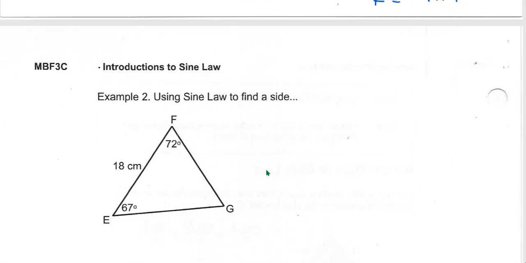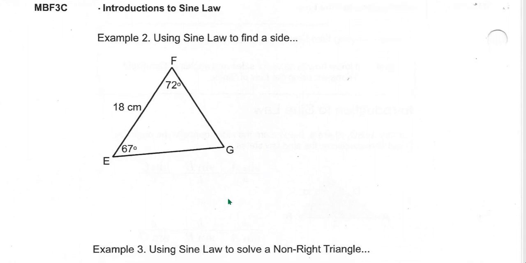All right, so let's do another example where we want to find a missing side. So example 2, using the sine law to find a missing side. So let's say the missing side that I want is this one. Let's say I want to find little e. Okay, find side little e. So we want to set up the sine law.